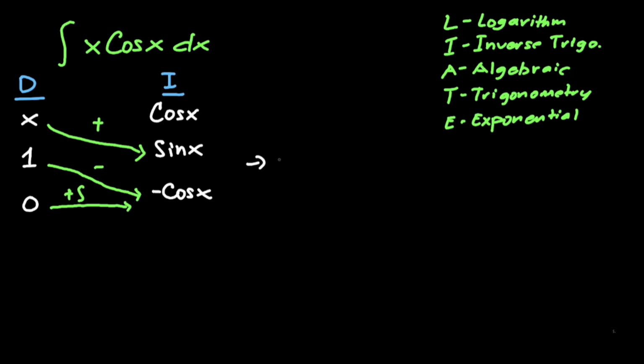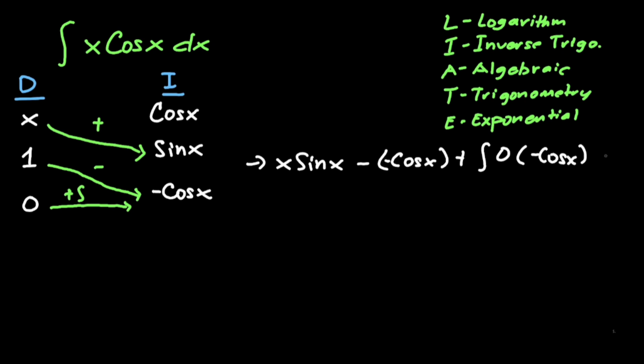So the function will look like this: x multiplied by sine of x minus negative cosine of x plus the integral of 0 multiplied by negative cosine of x dx. So the final answer will be x multiplied by sine of x plus cosine of x. This will all become 0. So it will just become plus c.